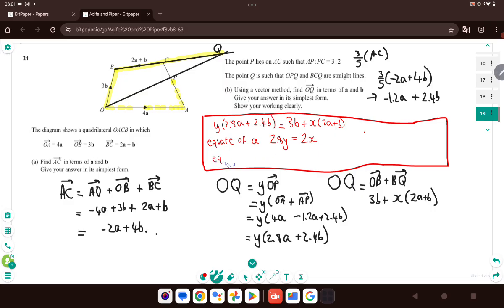Now I'm also going to equate coefficients of b. On the left-hand side, my coefficient of b would be 2.4y. On the right-hand side, I'd have 3b plus xb, so it would be 3 plus x. So now I have some simultaneous equations.